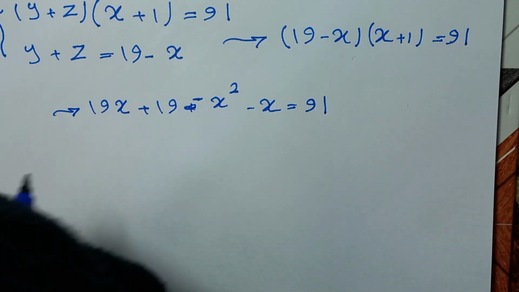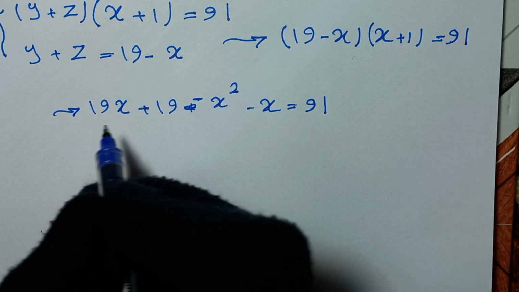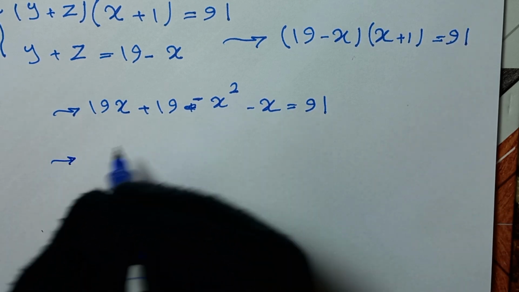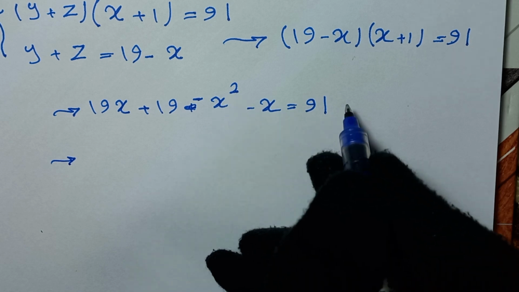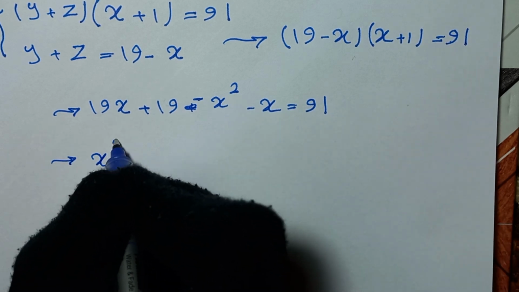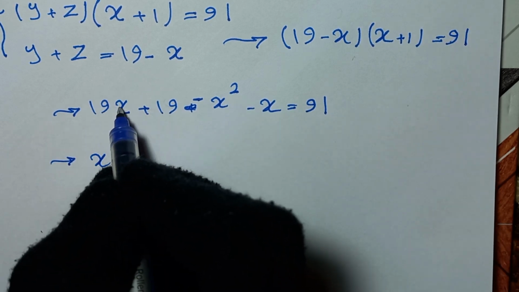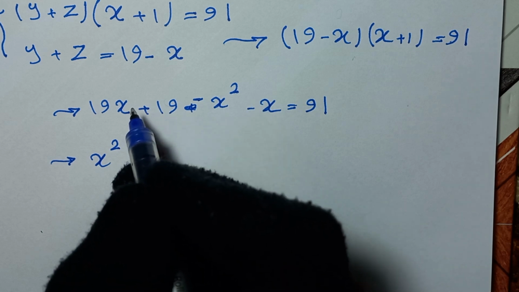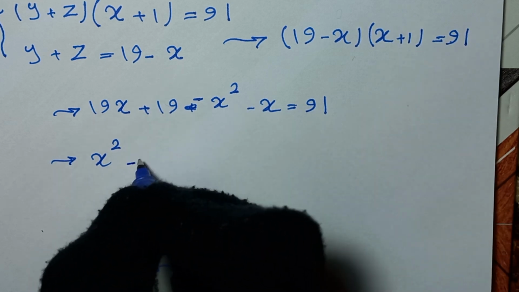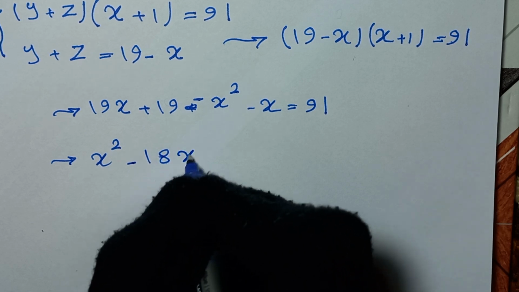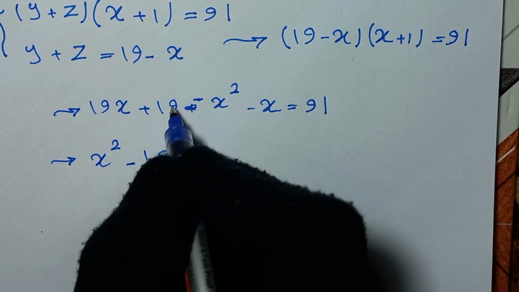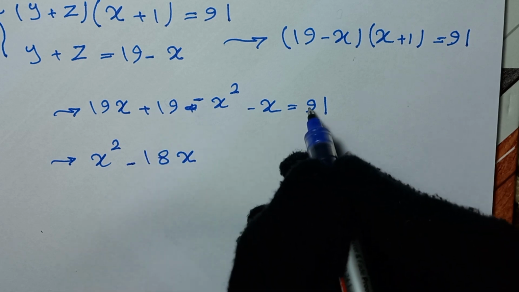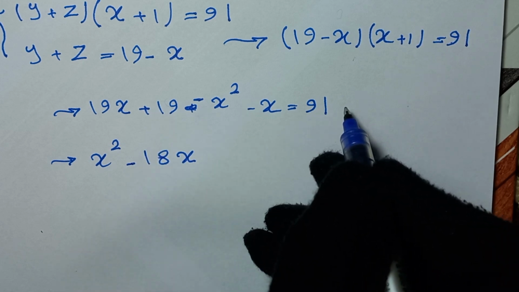And in the next step, we take this to this side, and negative x squared to this side will be positive x squared. Here we have 19x minus x, it will be 18x, and 18x to this side will be negative 18x. And here we have 19, and to this side it will be negative 19, and 91 minus 19 will be 72, is equal to 0.